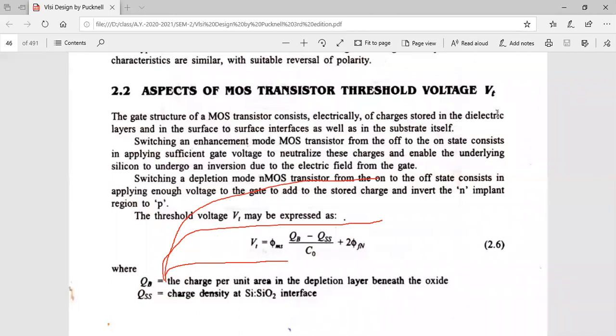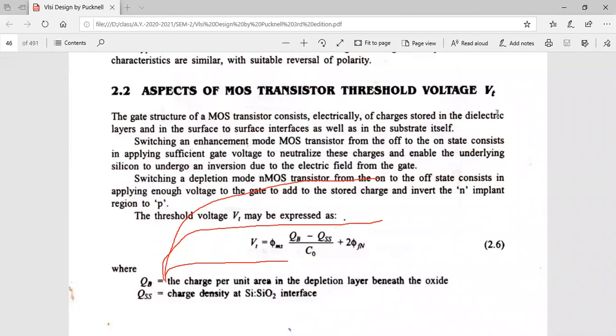Our main motto is to reduce the size of the transistor. As we reduce the size of the MOSFET, we also need to reduce the threshold voltage. To do that, first we have to identify what factors affect it.